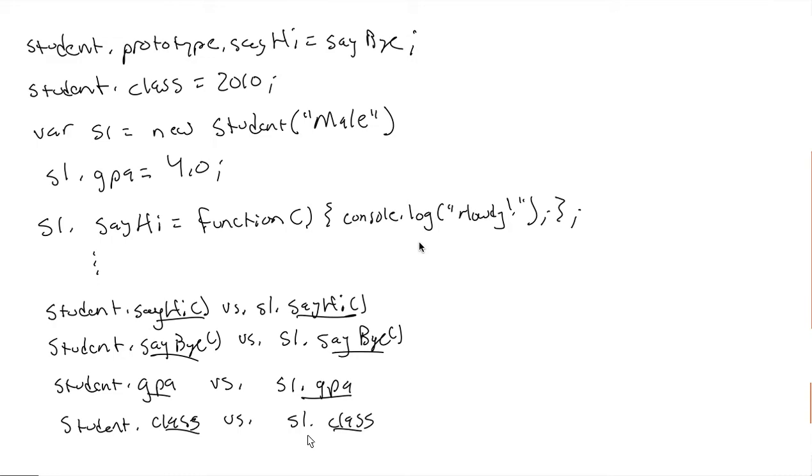So the best way to understand any of this really is to draw a diagram. Maybe what I'll do is just make a little space here, so I have lots of space to draw the diagram.